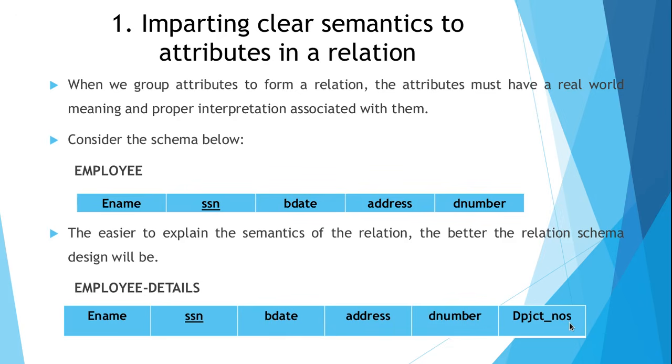Here department project numbers specifies the number of projects controlled by that department. So it's clear that department project number is not a property of employee. Actually it's a property of a department. So this is not a good method to collect attributes to form a relation. When we collect attributes to form a relation, it should contain only the properties of that real world object.